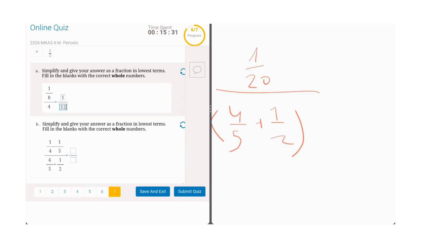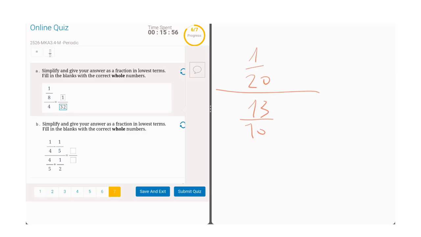And then the bottom, the common denominator would be 10. So you multiply the first fraction by 2 to get 10. So you have 8 over 10. You multiply the second by 5. So you get 5 over 10. You can instantly add the 8 and the 5. You will get 13 over 10.